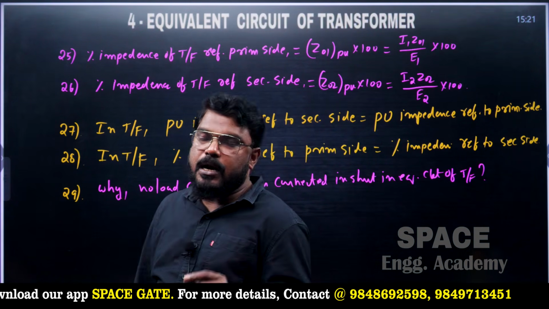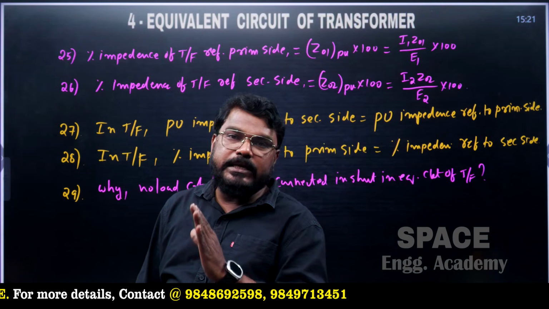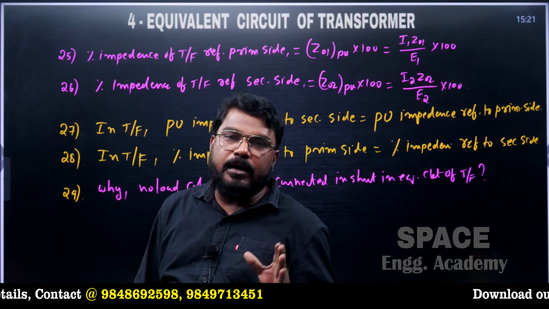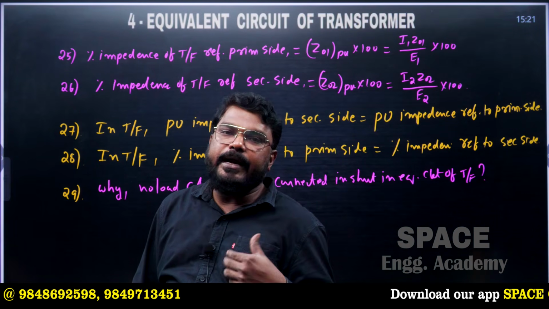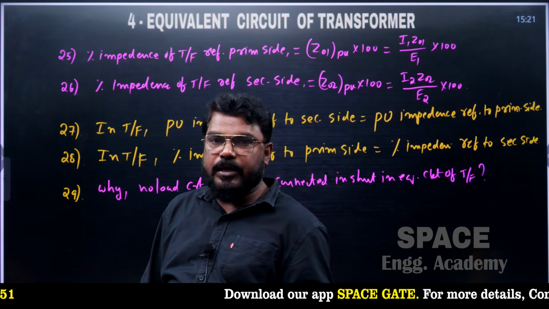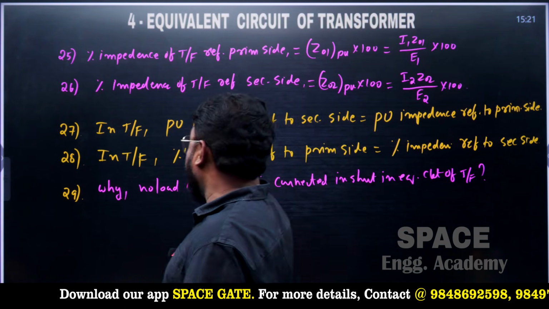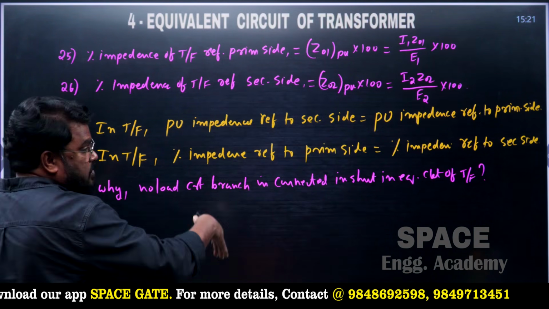The no load current flows in the primary winding only, and it is independent of the load current and load variation. That's why it is connected in shunt, across the induced EMF, across the voltage.